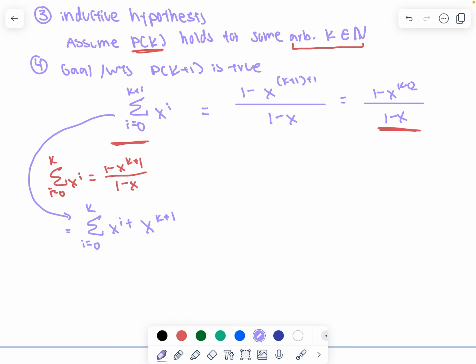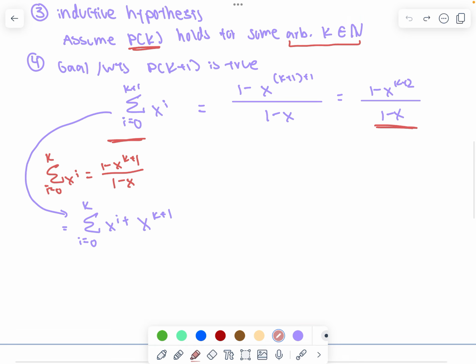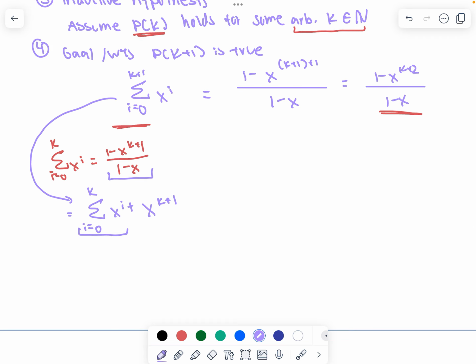Now we can see that this summation from i equals 0 to k matches the left-hand side of the inductive hypothesis that we're assuming to be true. So we can substitute this expression in, which gives us 1 minus x to the k plus 1 over 1 minus x plus x to the k plus 1.